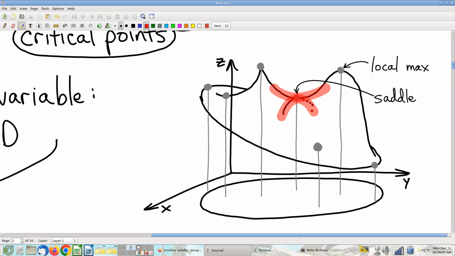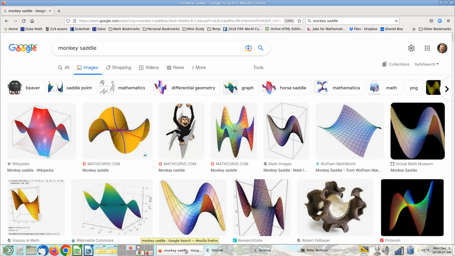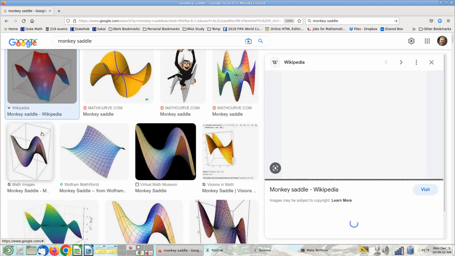So this, again, is something you don't see in single variable optimization, but this is not the only thing that you don't see. And there's other sort of weird things that happen only when you get into higher dimensional cases, and I'm going to show you one called the monkey saddle. I just did a Google image search, and there's a bunch of pictures to choose from here, so maybe I'll just click on this one.